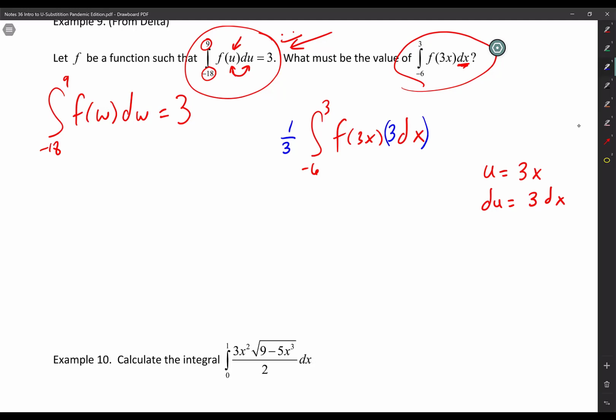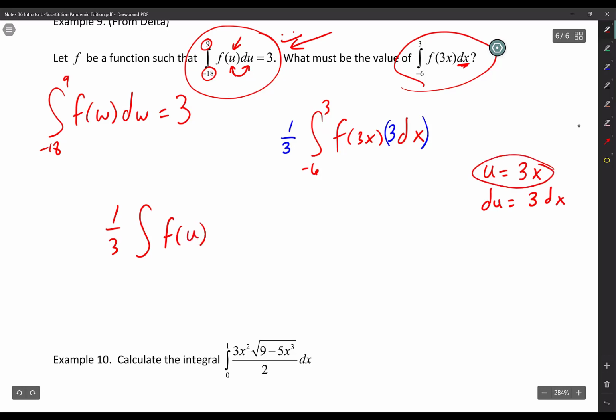This one just had one variable, and the only variable I had was 3x, so it was automatically just that. You know what I mean? Okay, so now I'm going to write 1/3. That 1/3 stays there. Integral, I'm going to have new limits because I'm writing it in terms of a new letter. f of 3x is equal to what? u, and there's a 3 dx du. So let me see what my new limits are.